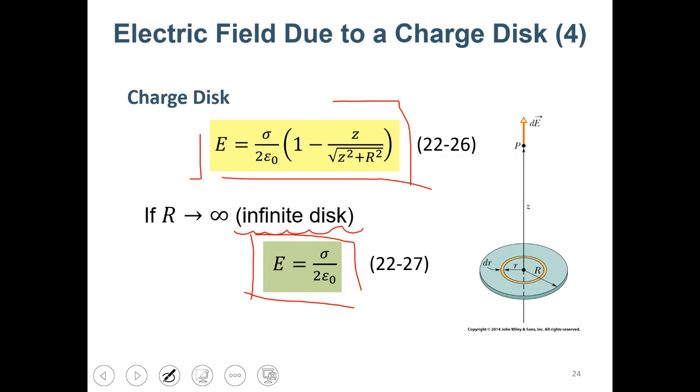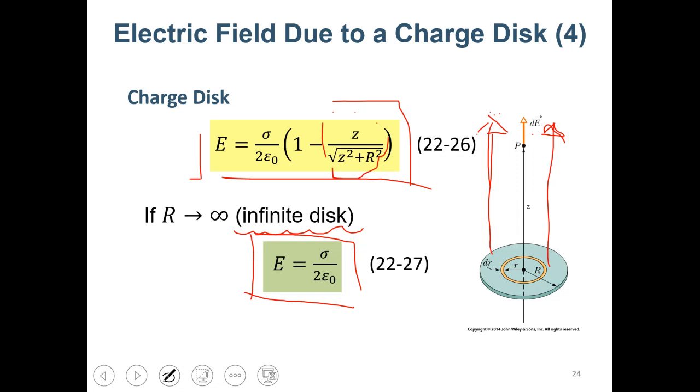Well, when r tends to infinity, this term turns to 0, so only 1 times this term remains, so E is something like sigma over 2 epsilon. And the interesting part is that the E field generated by this disk is uniform, which is quite strange.